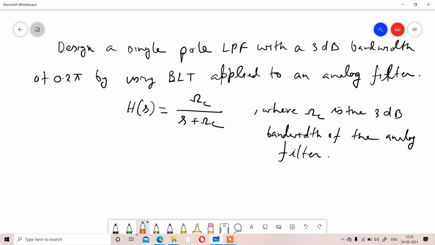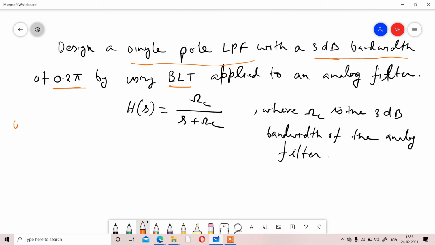So in that example, keep in mind, it is told that you have to design a single pole low pass filter. Means a digital low pass filter you have to design by using BLT, which has a single pole and which has a frequency omega c of 0.2 pi at 3 dB.